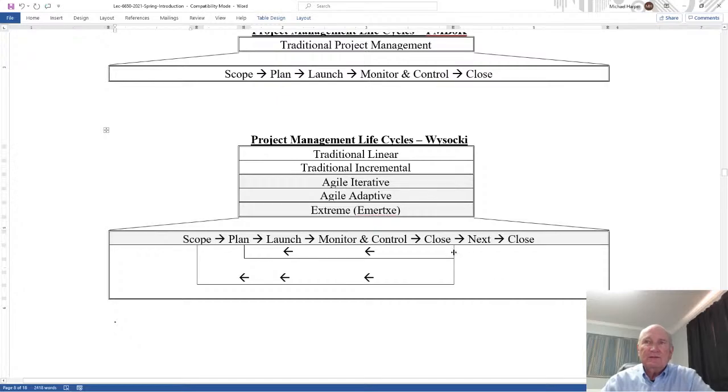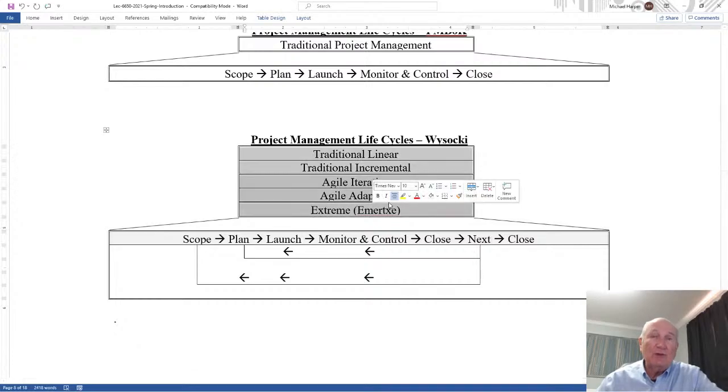And this is next. That's what it should be. So the agile here under the complex landscape from next goes back to plan. The extreme here goes back to scope, and then finally you close out the project. So you can close an iteration or you can close a cycle. But anyway, Wysocki expands it, and we'll look at that in this course.